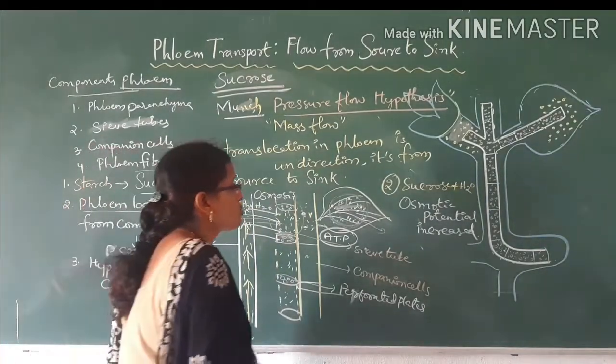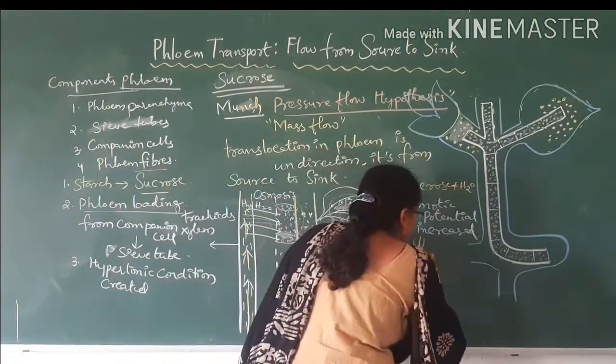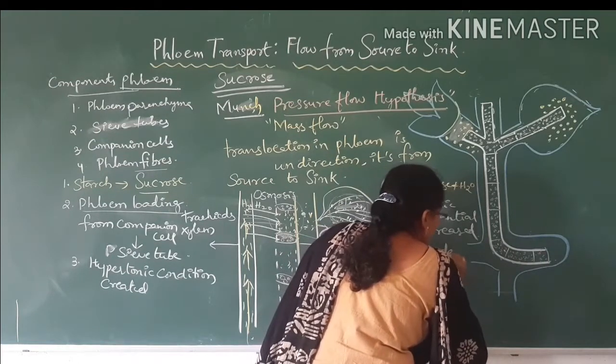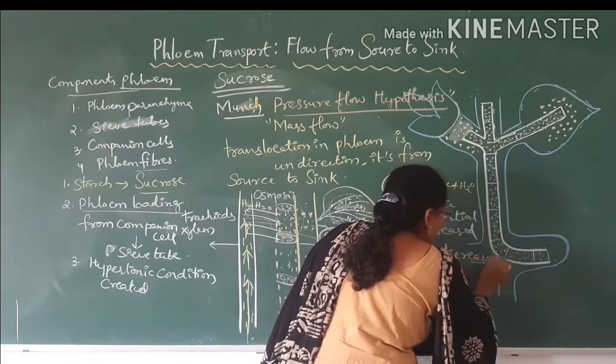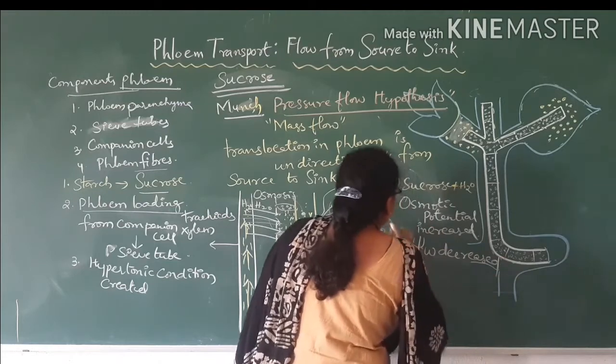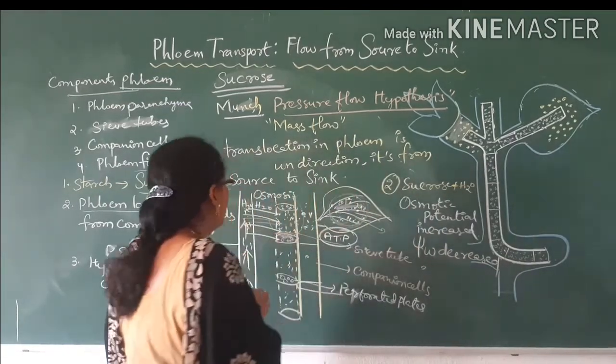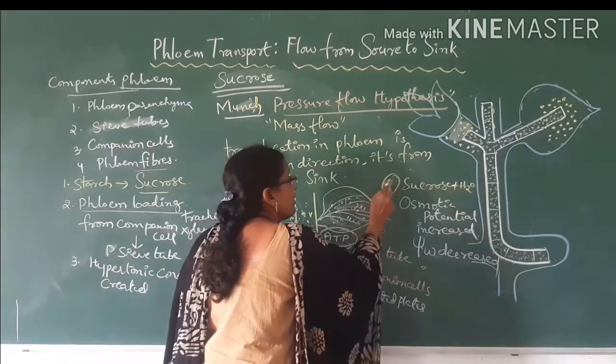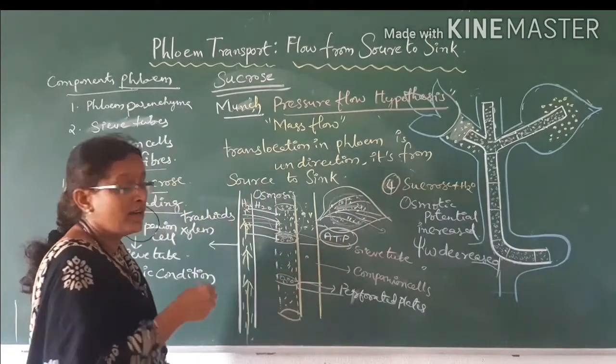In the phloem, osmotic potential is increased and water potential is decreased. So these materials move where the osmotic potential is low.